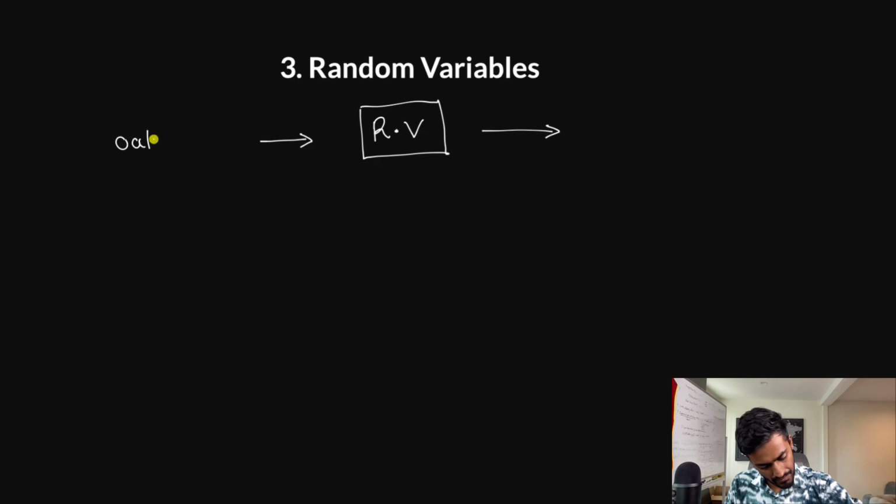Outcome. And what they produce is going to be some quantified number of that outcome.